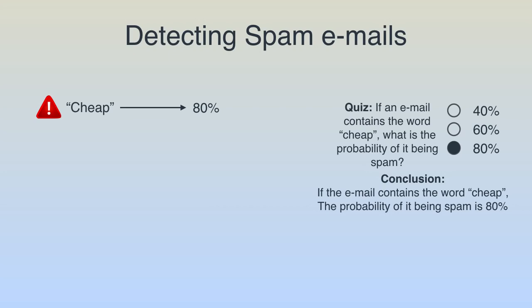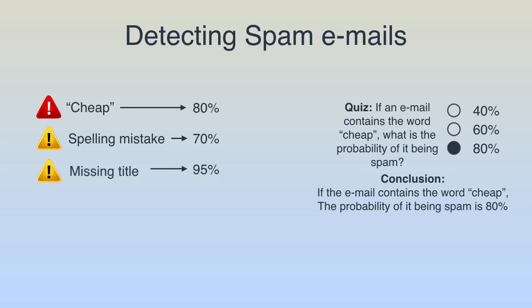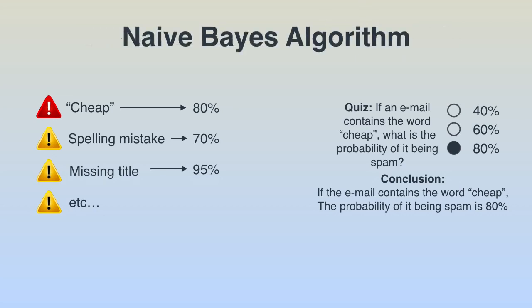Let's say we look at emails containing a spelling mistake and realize that the probability of an email containing a spelling mistake being spam is 70%. Or let's say we look at emails that are missing a title and find that the probability of those being spam is 95%, etc., etc. So now when future emails come, we can combine these features to guess if they're spam or not. This algorithm is known as the naive Bayes algorithm.